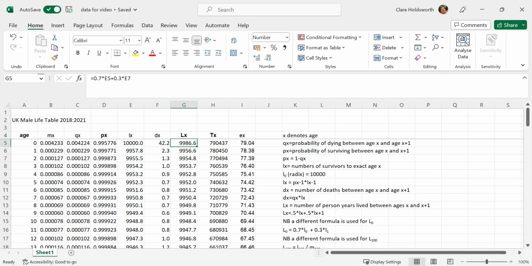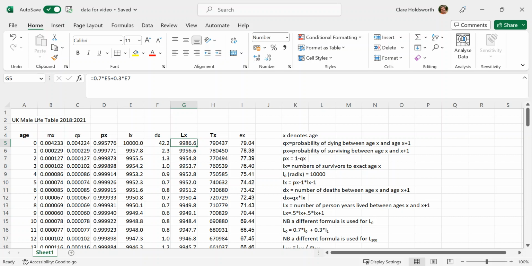But in recent years, that assumption has been changed because due to improvements in medical care, we find that infants who do die during the first year can now expect to live a little while longer. So we tend to assume that infants who die during the first year now contribute 0.3 of a year.